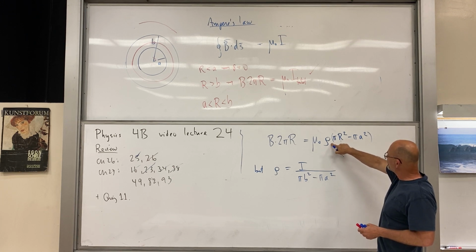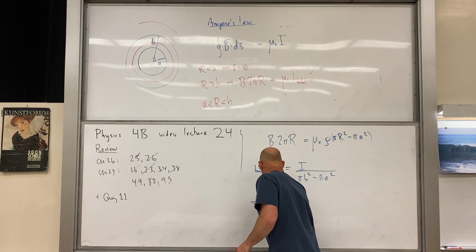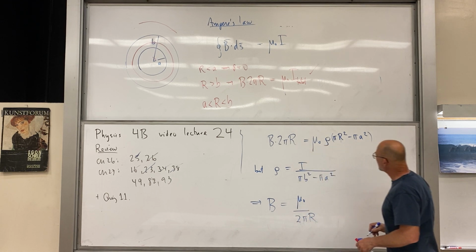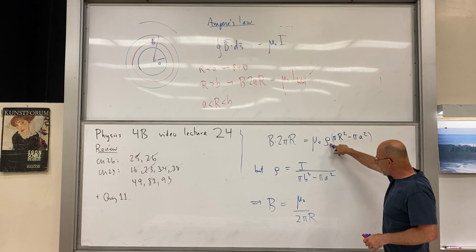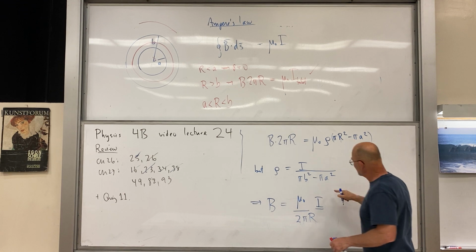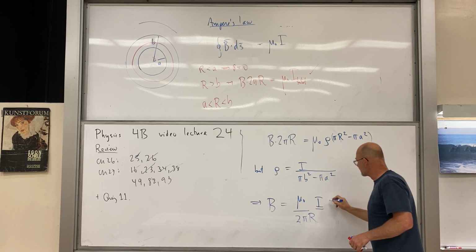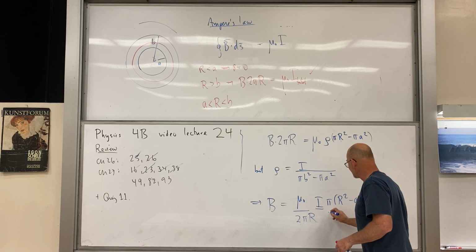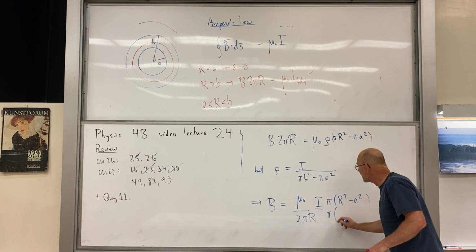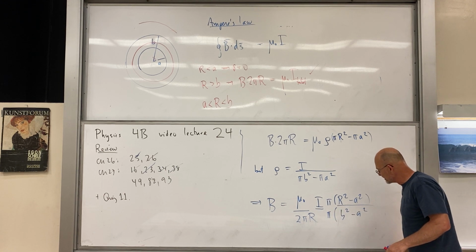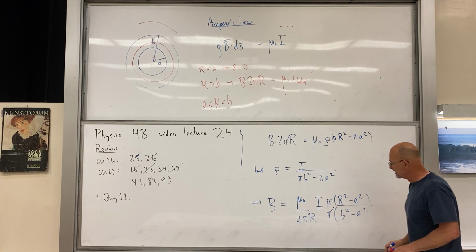So I can substitute rho for that, and now I get B is equal to mu naught, I'll divide by the 2 pi radius, mu naught over 2 pi R, and then I've got that rho, which is I, and I'll write this down next, but I'll have the pi R squared minus A squared, and in the denominator I'll have the pi B squared minus A squared, and that's why the pi cancels, but I'll leave it in there right now. So yeah, that's the answer.